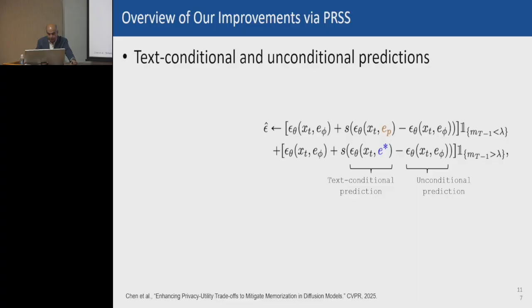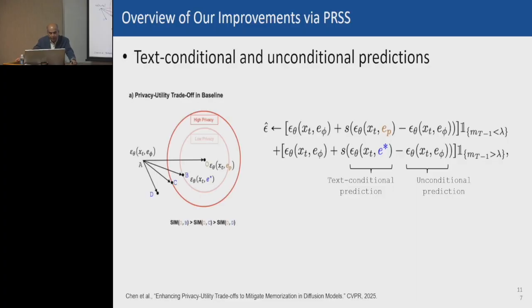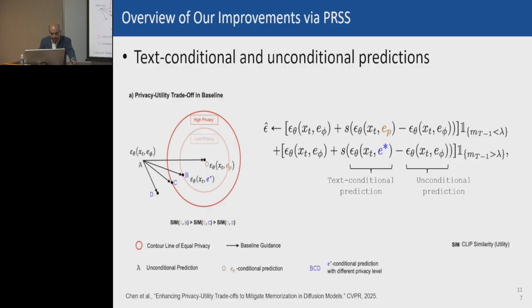This is unconditional generation where the prompt is null, and this is conditional generation, and this is the privacy circles, and these are different contours. Inside here we have the highest privacy, but when you go out privacy will reduce. Actually, the other way: here is low privacy where we use the prompt, but when you go away privacy will increase, but we'll get away from the actual prompt.